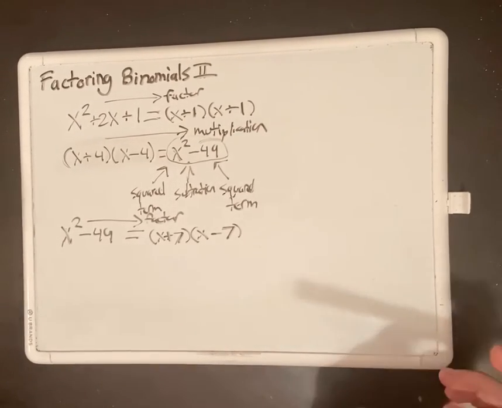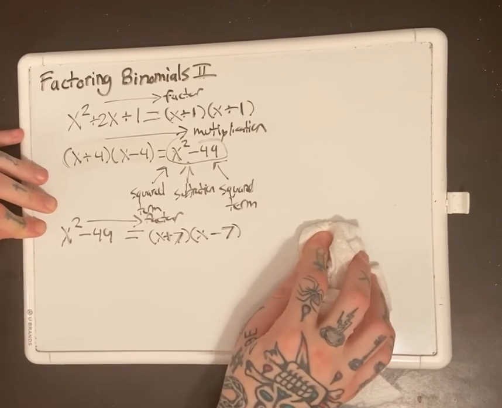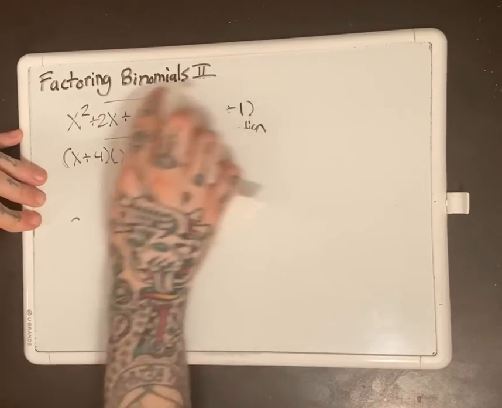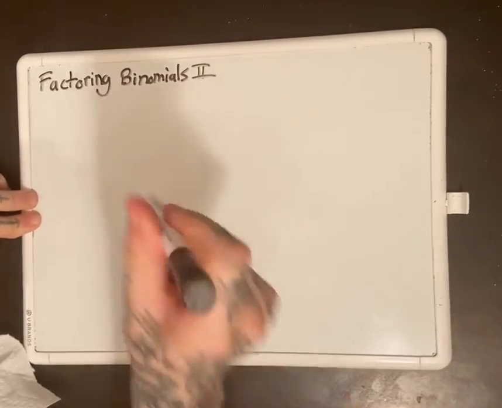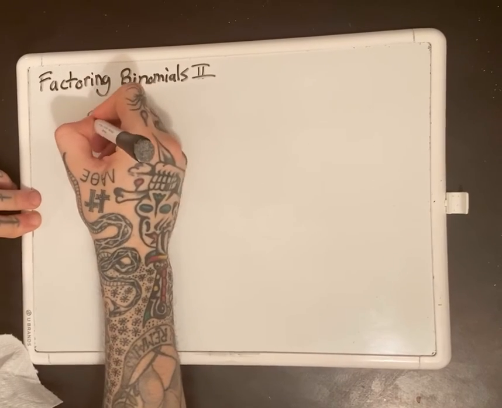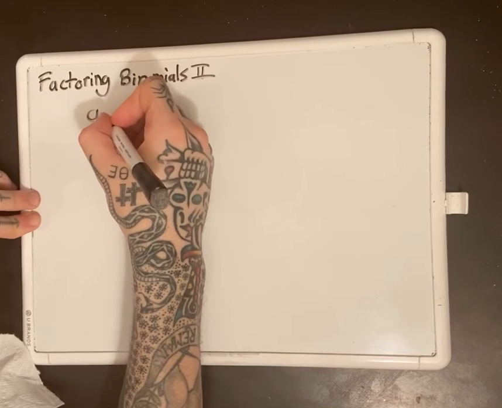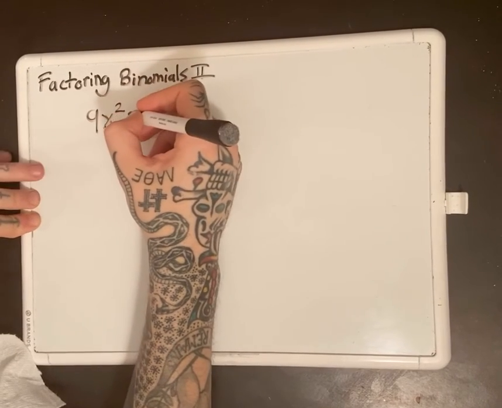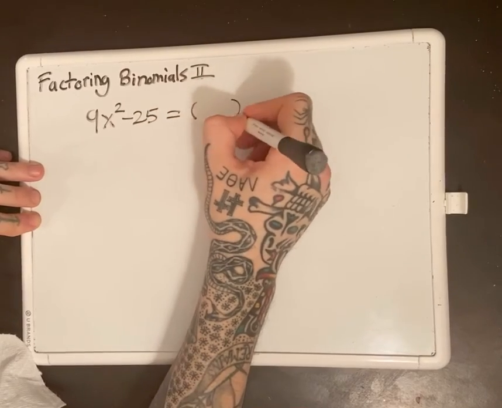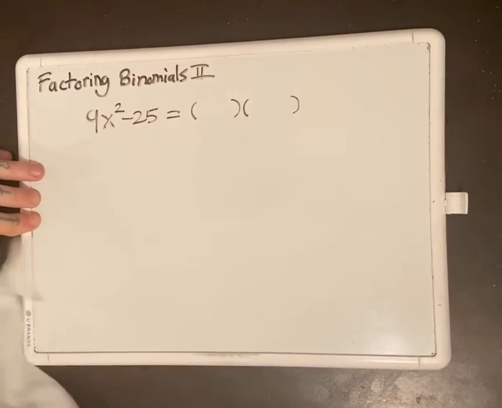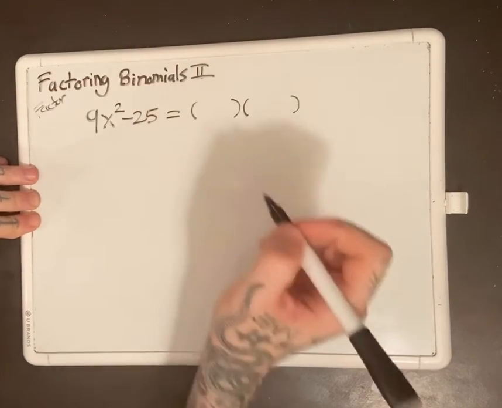All right, so we're just going to look at a few more examples of this. So now we're going to look at 9x squared minus 25, and we need to figure out which two binomials factor.